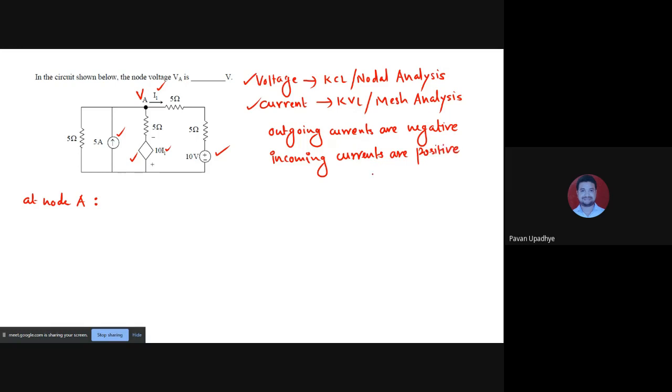Incoming currents are positive. Such as, look at this, 5 ampere can be seen to be an incoming current for VA.